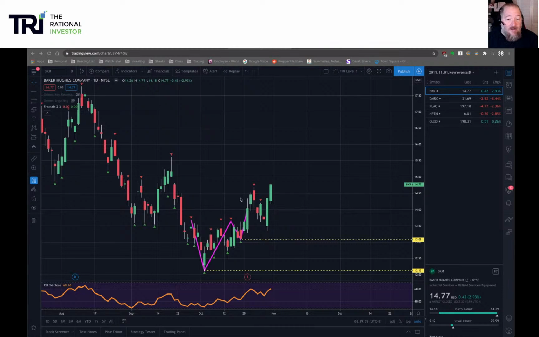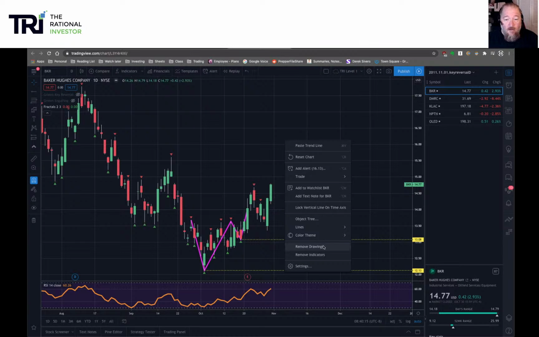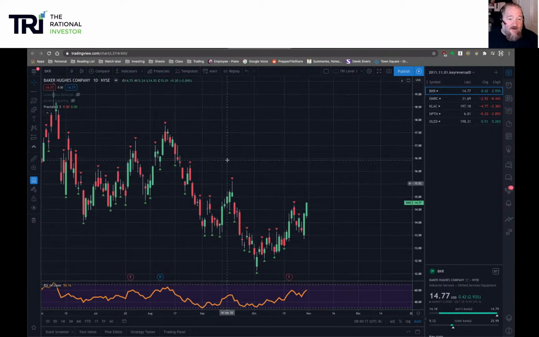But I won't add any risk for a fractal entry or an engulfing bar entry, but I will if it's a W and the W has fractals as its lows, or an M where fractals are the highs. So I feel more confident about having multiple levels of support or resistance for my trade.